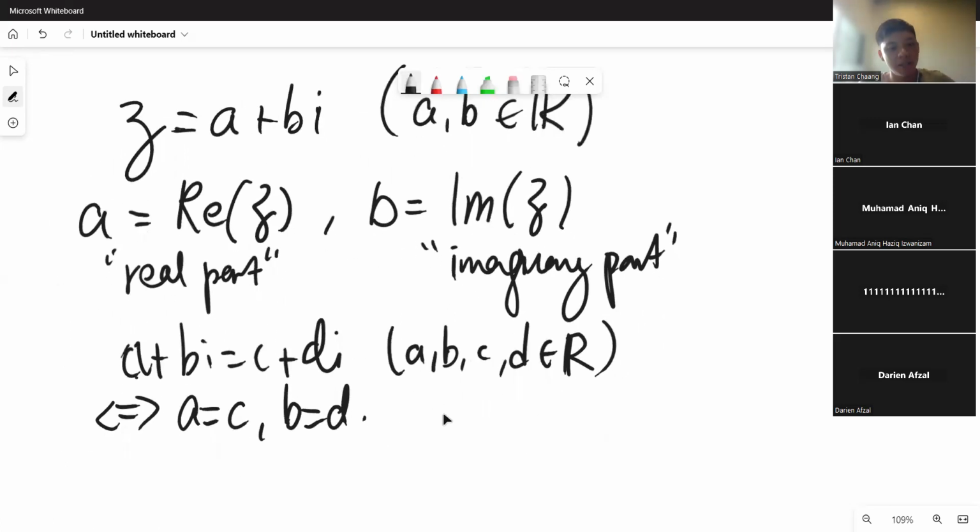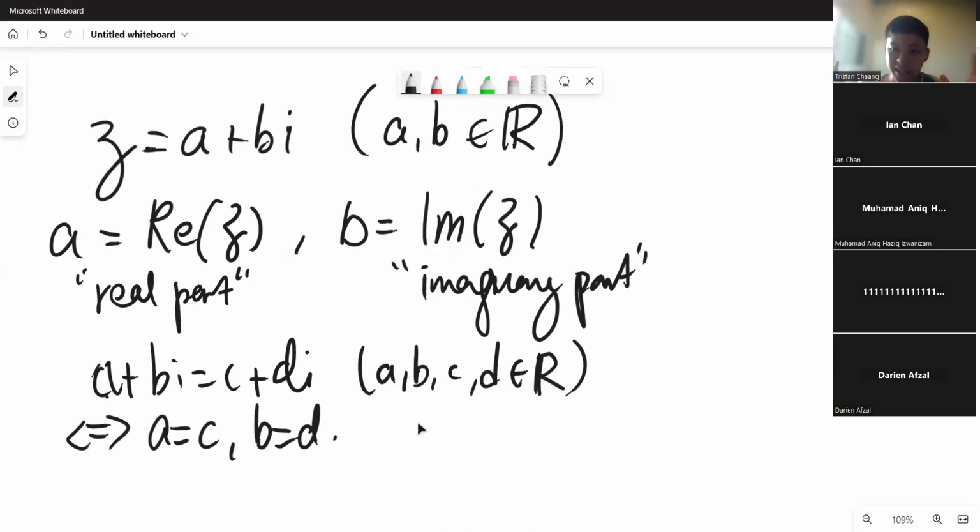Okay. So a complex number is completely specified if you give the real part and the imaginary part. Okay? It's completely specified by two real numbers. So this should remind you of something familiar, which is the Cartesian plane, like Cartesian coordinates.